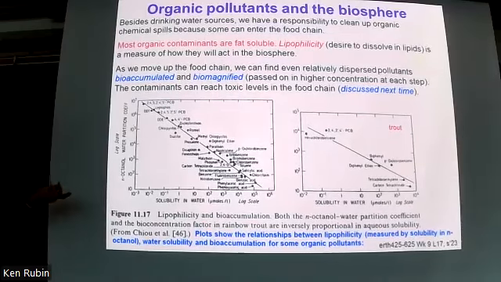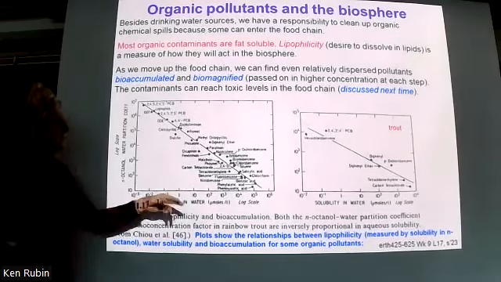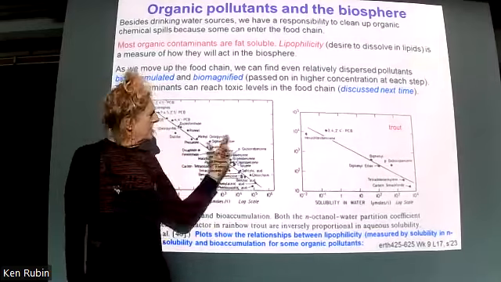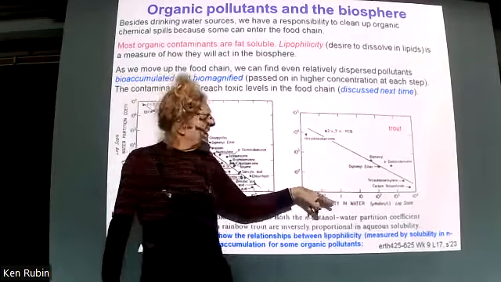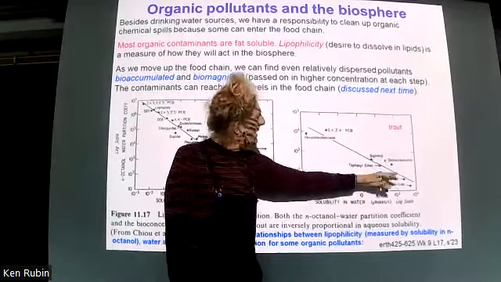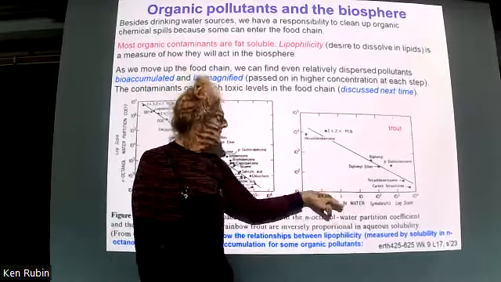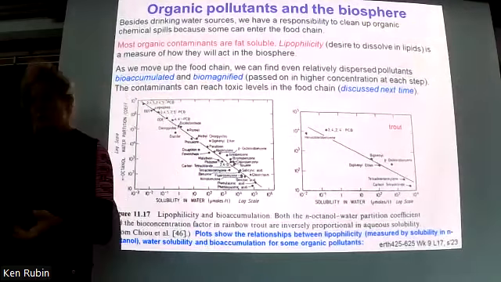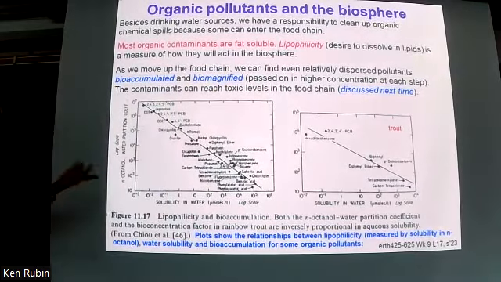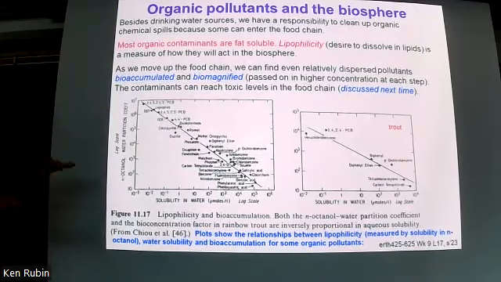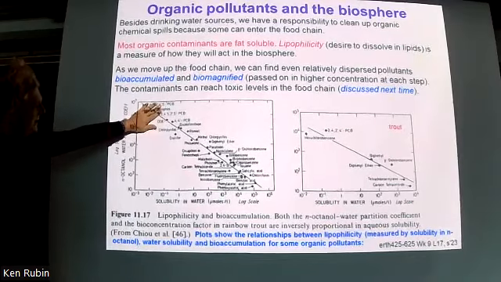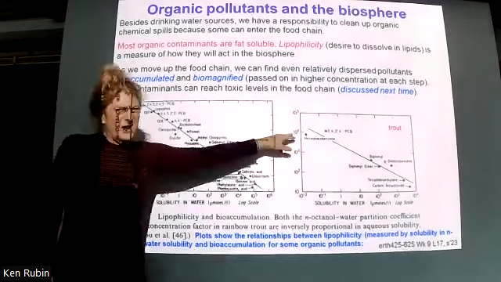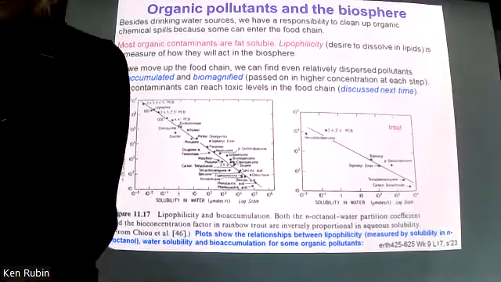This is just an example from another paper from a small subset of chemicals, PCBs, hexachlorobenzene, carbon tetrachloride, showing the solubility and the concentration in the tissues of trout. And you can see again the same kind of inverse relationship, where the chemicals that rate high on this scale over here also rate high in how concentrated they are in the organism.